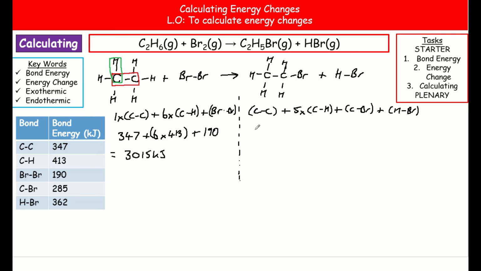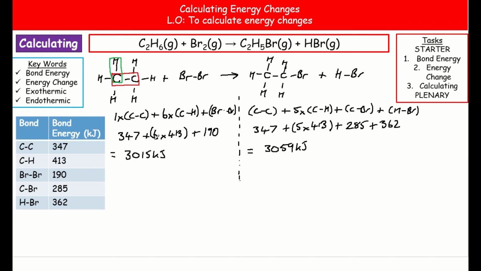All we now do is substitute in our values as we did before. So carbon-carbon is 347. We've got 5 of our carbon hydrogens, 413. Carbon-bromine is 285. And hydrogen-bromine is 362. So again, type into your calculator, add it all up, and hopefully we get 3059 kilojoules.